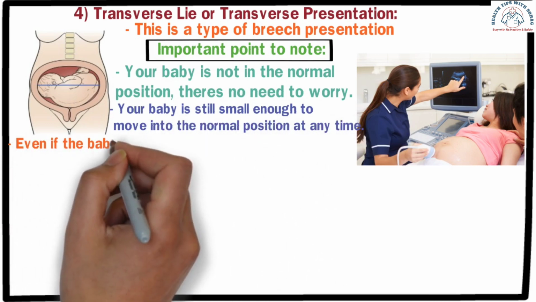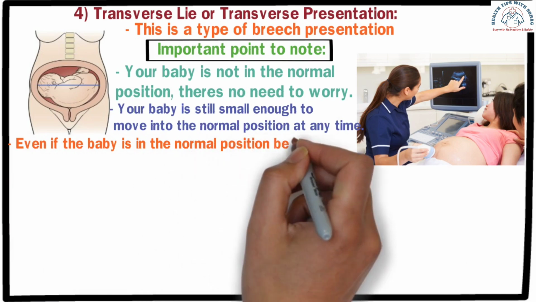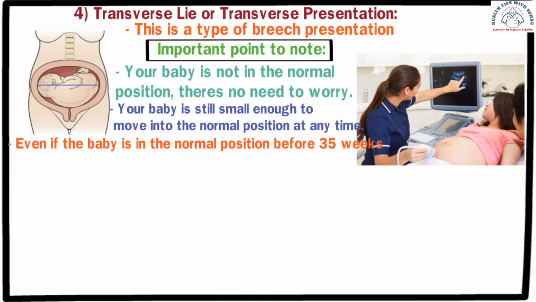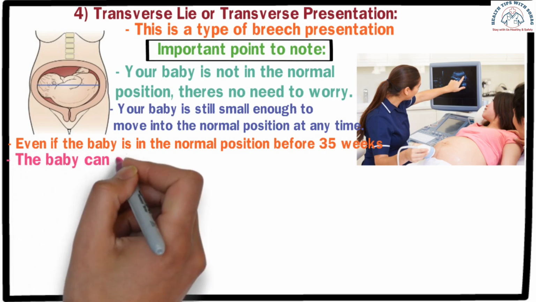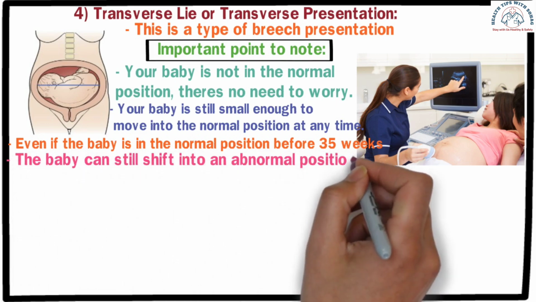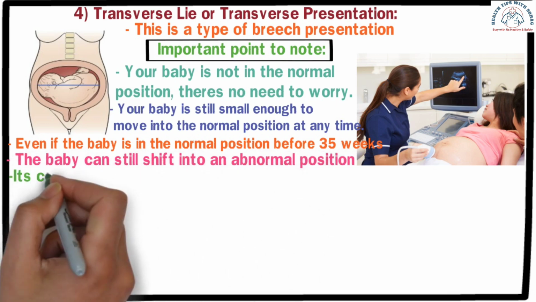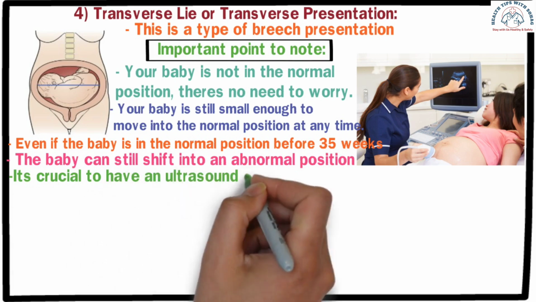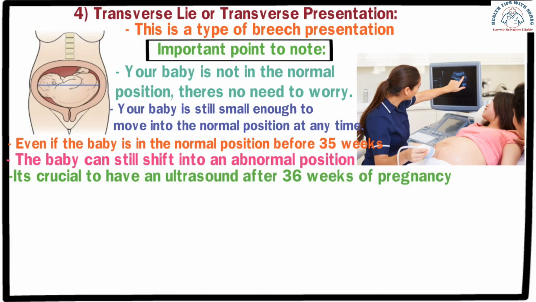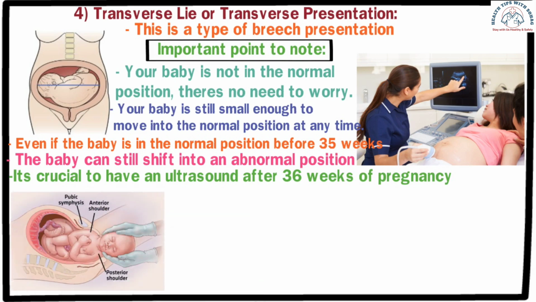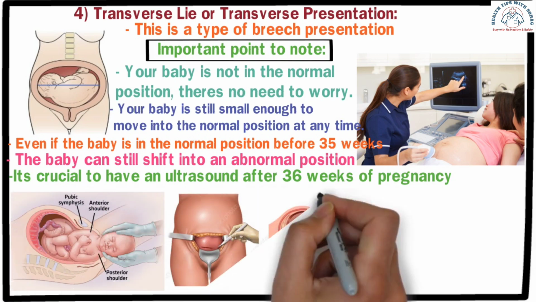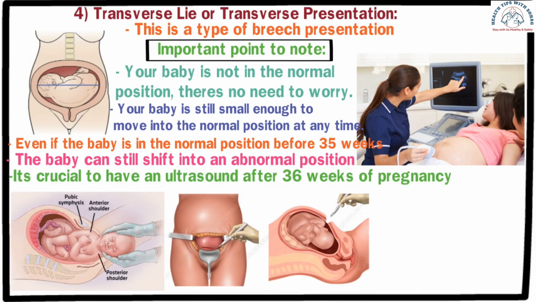However, even if the baby is in the normal position before 35 weeks, there is no need to get excited, as the baby can still shift into an abnormal position. For this reason, it is crucial to have an ultrasound after 36 weeks of pregnancy. This will give you a much clearer idea of whether you are likely to have a normal delivery or if a cesarean section might be necessary.